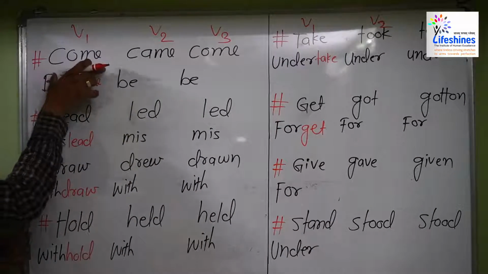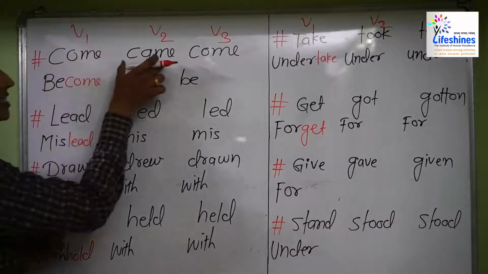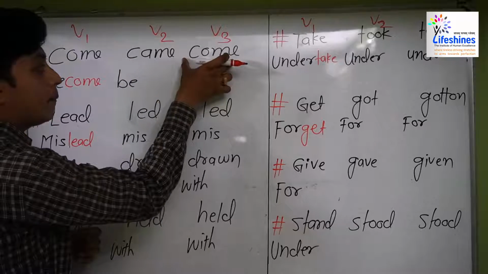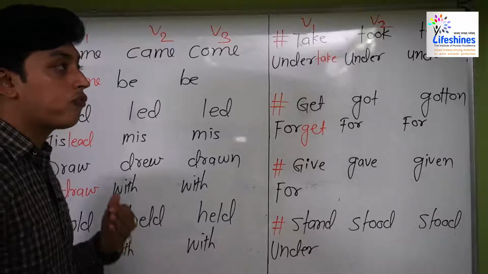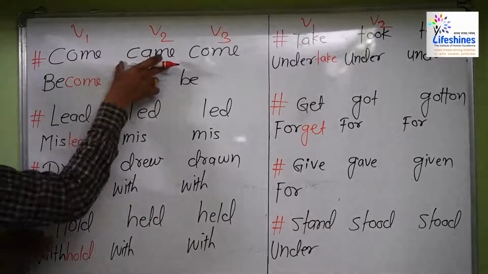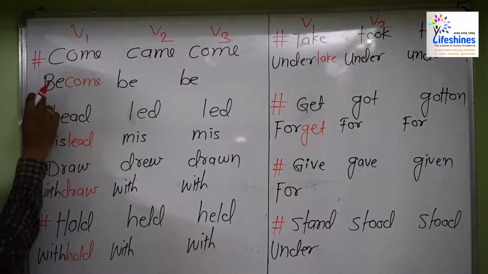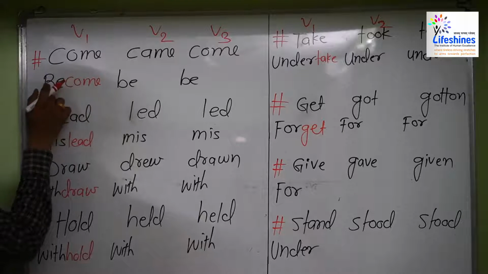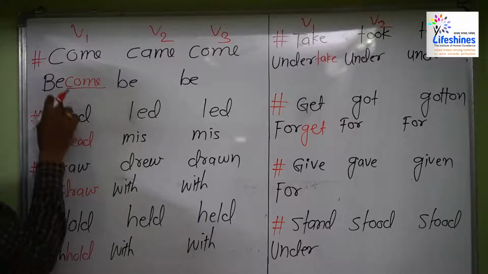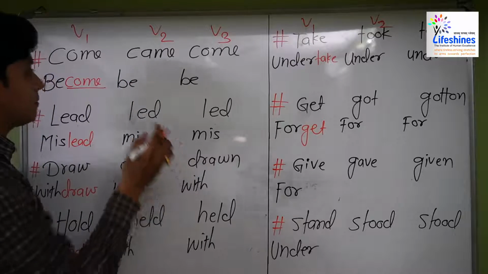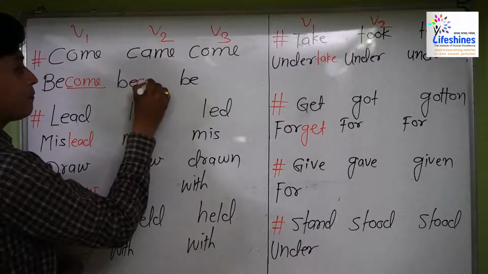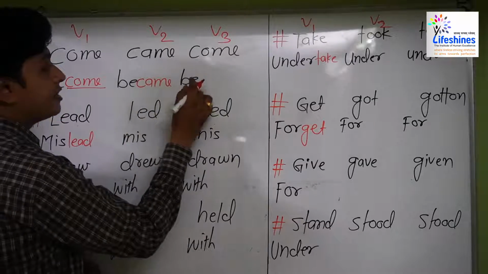That is come. The second form of come is came, and the third form is come. Now it will be very easy for you to form the second and third form if you know this very well. Be come. In that be there is come, and here you can easily predict it. Be came, and here become.